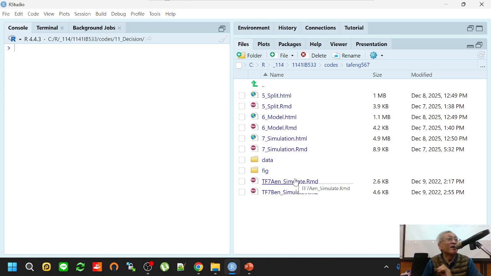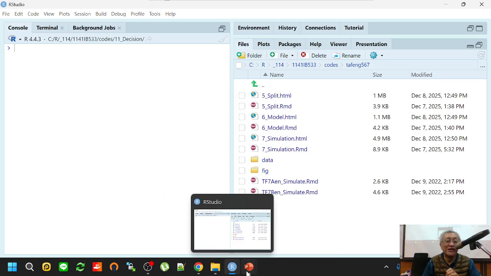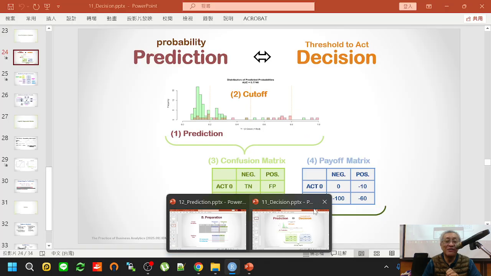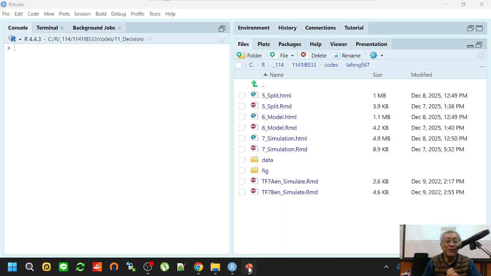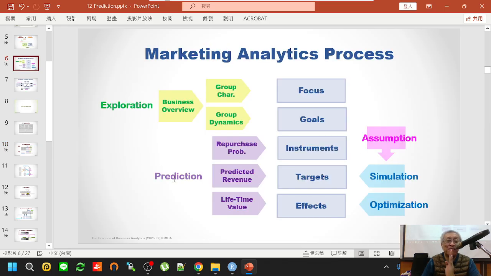And if you follow this notebook, you basically will go through preparing data to do the model and then do the prediction, and also how to do a general and flexible assumption and do simulation.